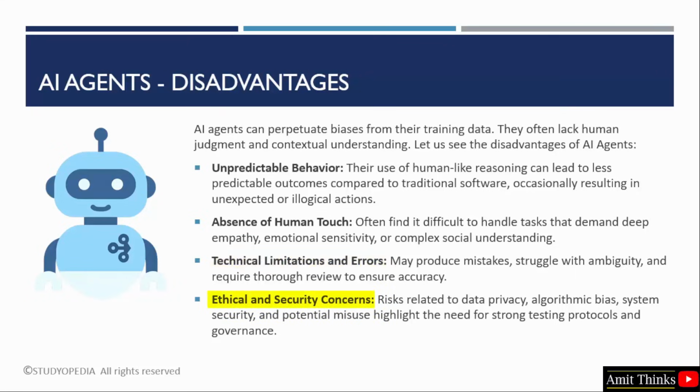The last disadvantage is ethical and security concerns. Issues such as data privacy, algorithm bias, system vulnerabilities, and potential misuse raise serious ethical and security challenges. Robust governance, transparency, and testing protocols are necessary to mitigate these risks.